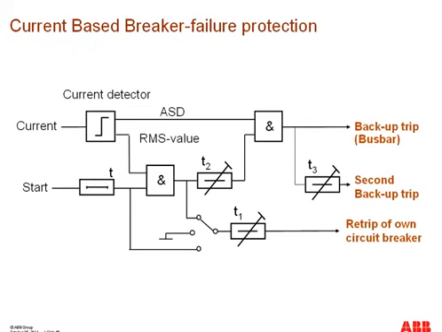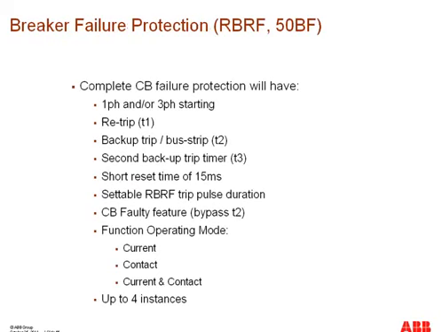This one is the logic diagram of the current-based breaker failure protection, and we have explained it in the previous slide as well. There can be different operating modes for breaker failure protection, and that can be current-dependent breaker failure protection.